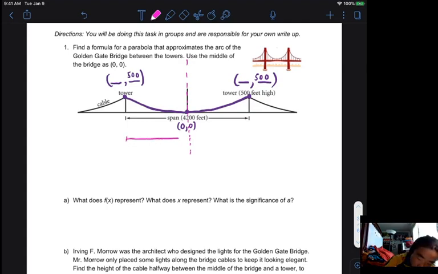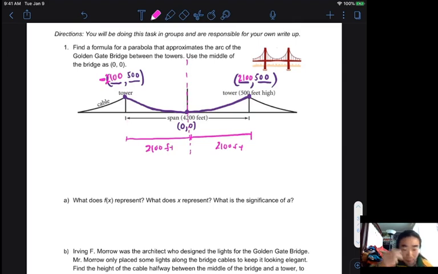So from here to here is 2,100 feet, and from the middle going this way is also 2,100 feet. You have to be careful with the signs, as the person pointed out. This way you're going positive, but on the left-hand side you're going negative. So don't forget that minus sign, otherwise you have the same point twice.